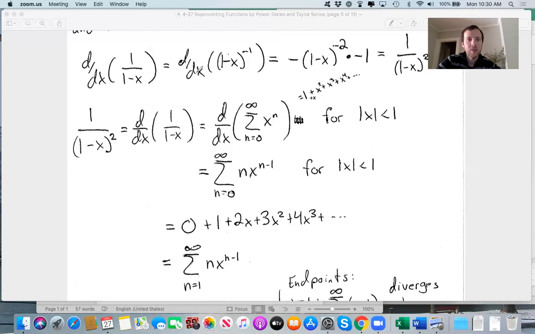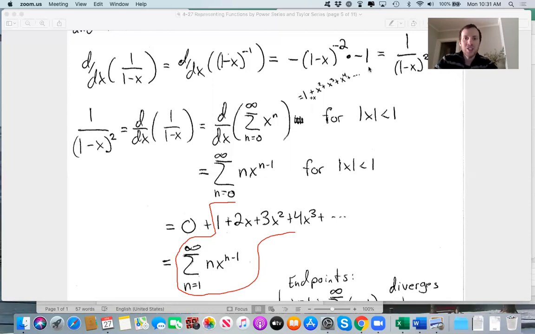So this second thing here is saying just start at n equals 1, which gives you this part of the series, which isn't changing anything because we're just losing a 0. Going from starting at 0 to 1 is really just reflecting that the first term is now 0, and so we don't need to keep track of it anymore.